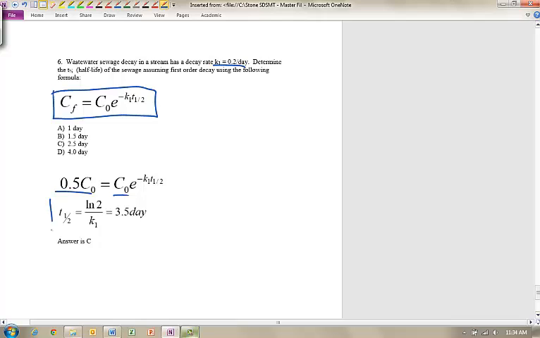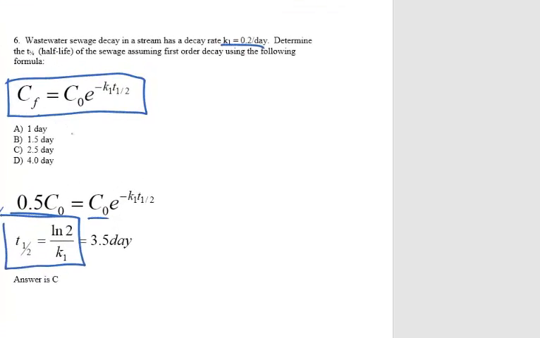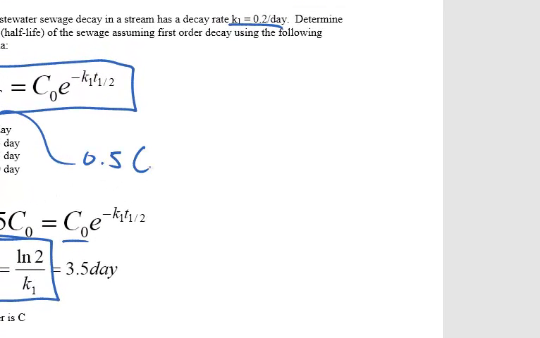This can be simplified as we've gone over in our intro to environmental class: t1/2 is equal to the natural log of 2 divided by K1. But even if you didn't know this equation, you could certainly solve it by putting in 0.5 C naught for the CF, the final concentration, and putting in the appropriate values. K1 is given, and we would solve for t, the time.